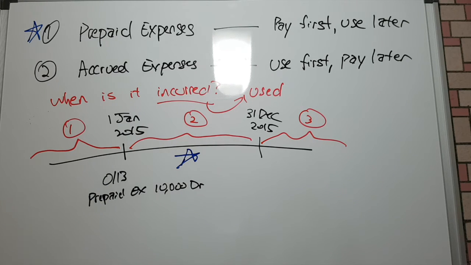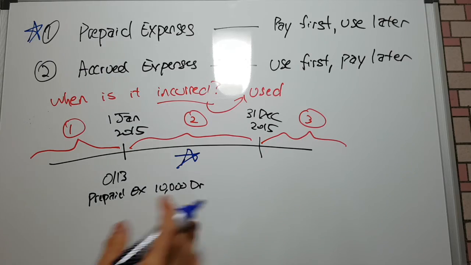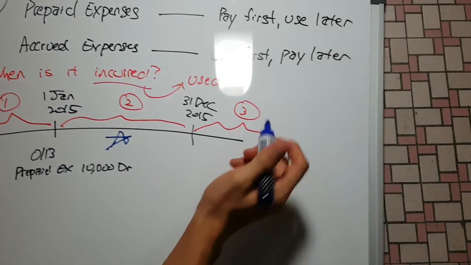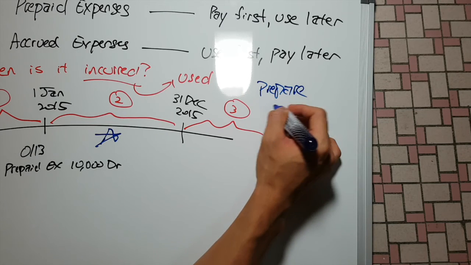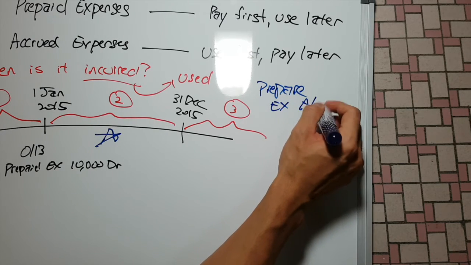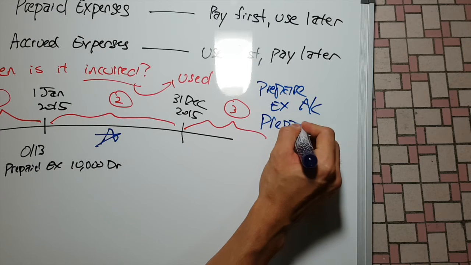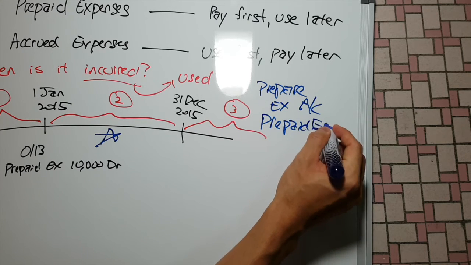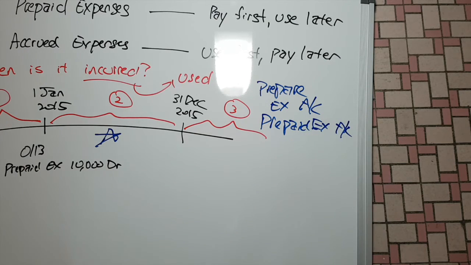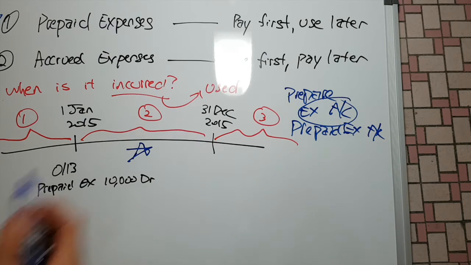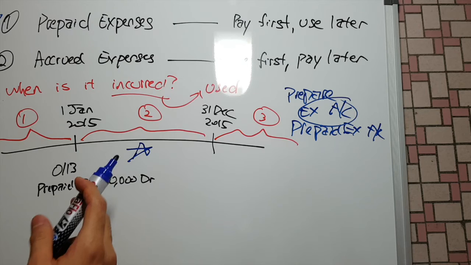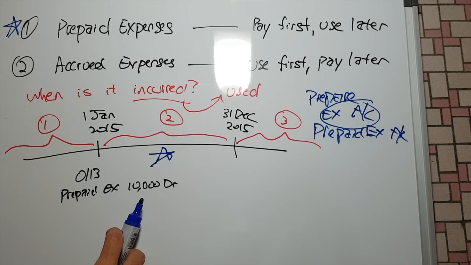The questions will always ask you to prepare the expense account and then the prepaid expense account. When you are preparing the expenses account, do you want this 10,000?